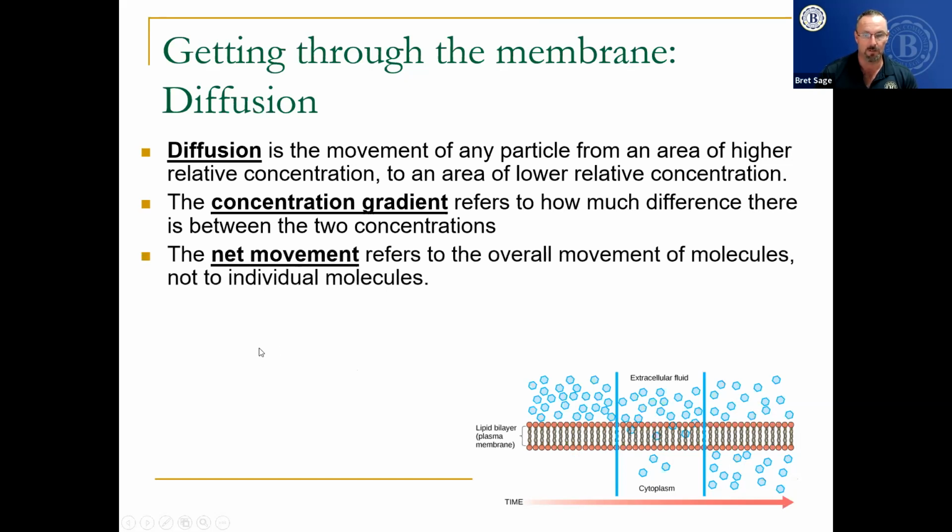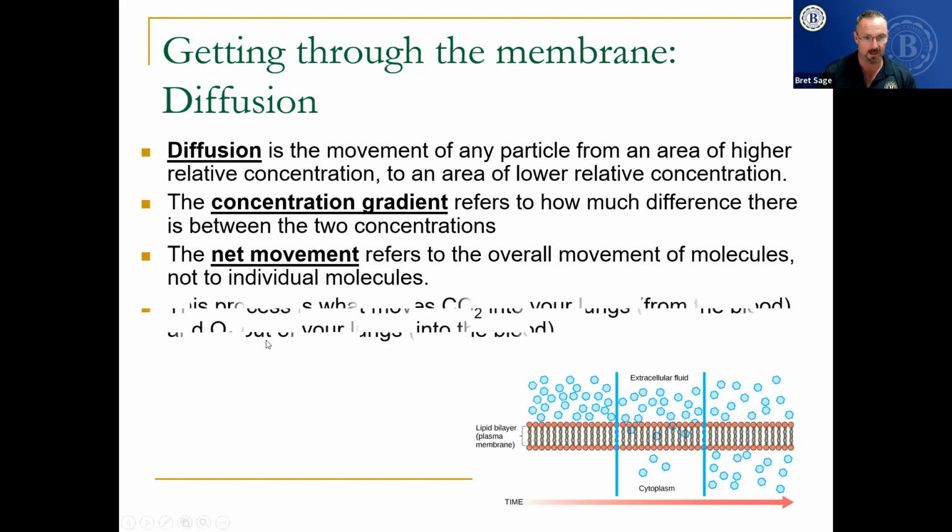The net movement refers to the overall movement of molecules, not to individual molecules. So in this case, on the far left, the net movement is from top to bottom because there's almost nothing coming back. Here, the net movement is still from top to bottom. But the net movement here is zero, because every time one goes down, another one goes up because they're in equal amounts. So even if net movement is zero, that means the change is zero, doesn't mean nothing is moving. So please be aware of that for the test.